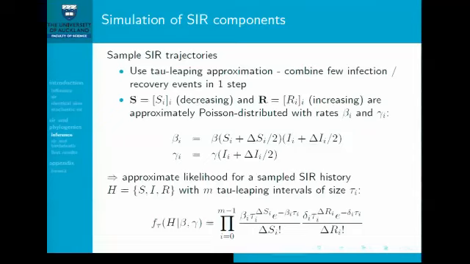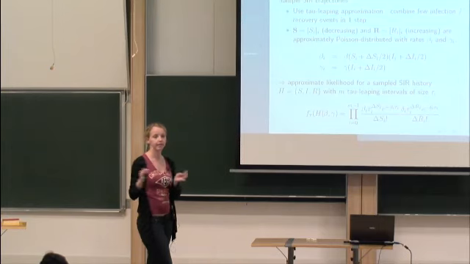All I'm doing here is I'm splitting up the whole time interval into smaller intervals, and for each of them I compute a new beta, which depends on the current number of susceptibles and the current number of infecteds, and that gives me a transmission rate and a recovery rate for every single interval.